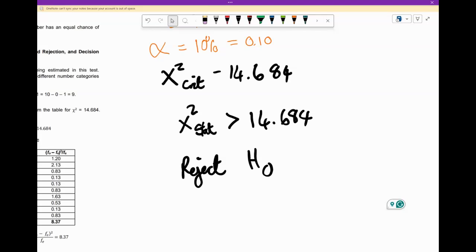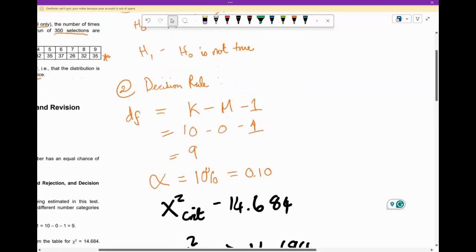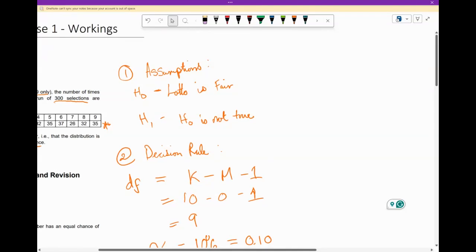The assumption says the machine was fair. The lotto is fair. Any one of those numbers might win, any one of those numbers can be drawn. That's our assumption. So if we are saying it's fair, why is it not equal?